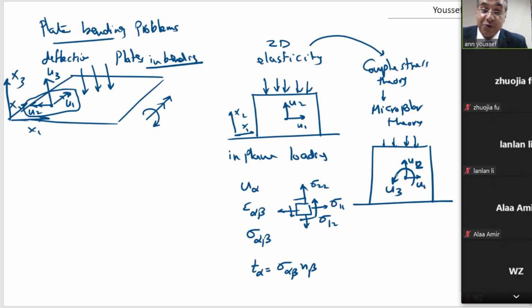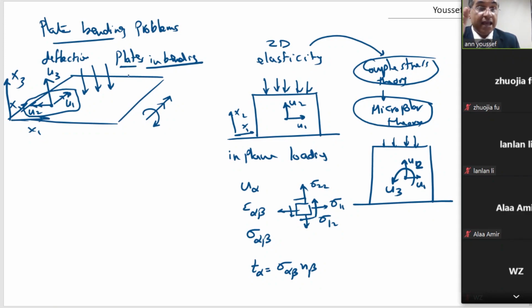Okay, and now the rotation is independent of U1 and U2. So we do expect the mathematics we receive in micropolar theory or coupled stress theory is very similar to plates. Okay, and take it from me. Once rotation appears with deflection, you will end up in the mathematics with the modified Helmholtz operator or Bessel function. You will see it in the fundamental solution.